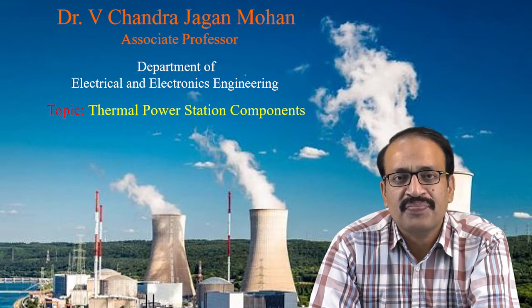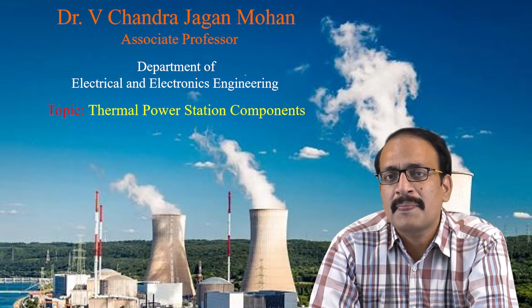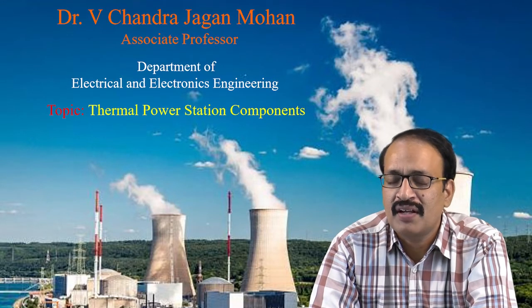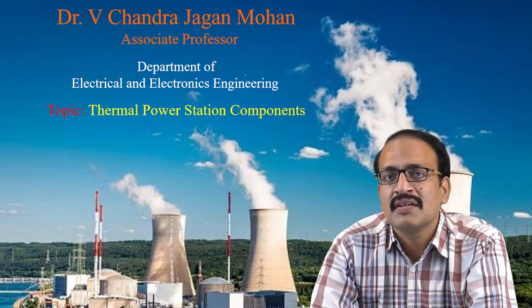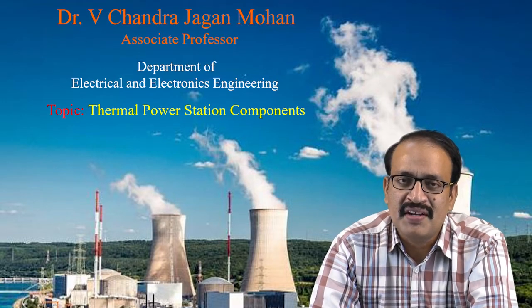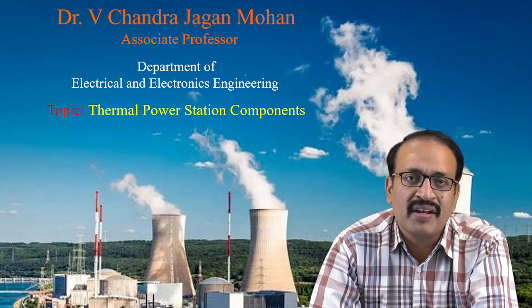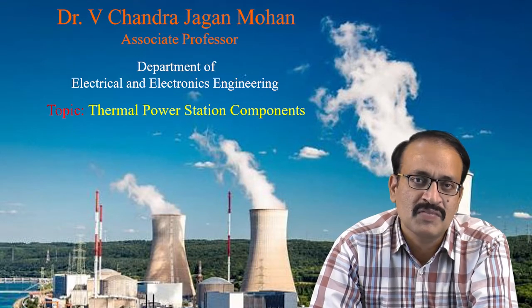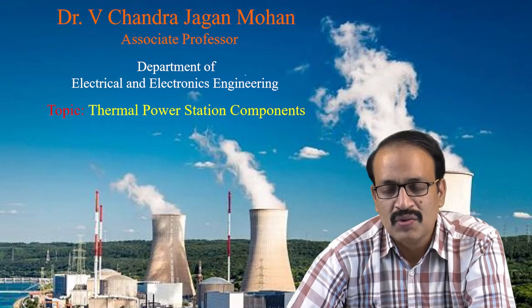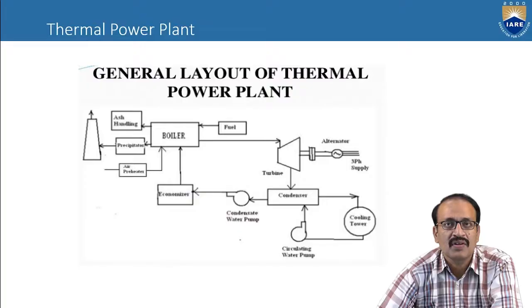So there are different units in the power plant, like ash handling plant, coal handling plant, economizer, air preheater, boiler, turbine. All these things we are going to discuss now.